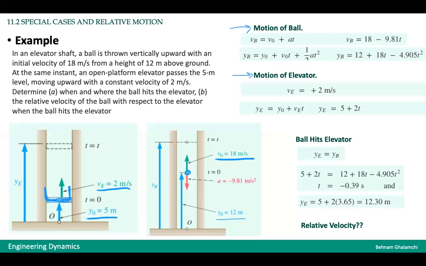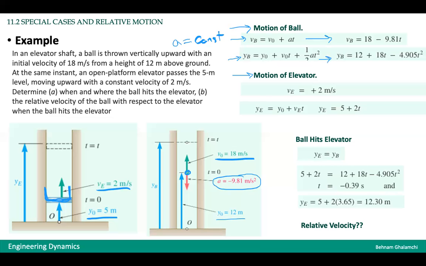Let's start with the ball. When we throw the ball, the only acceleration applied to the ball is gravity, so that is a constant acceleration. We already learned that if the acceleration is constant, that's a special case, so for the velocity and displacement we can simply use those formulas and then apply the numerical values.